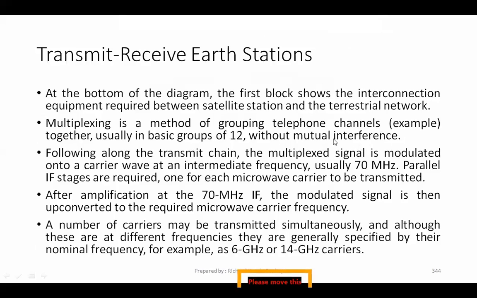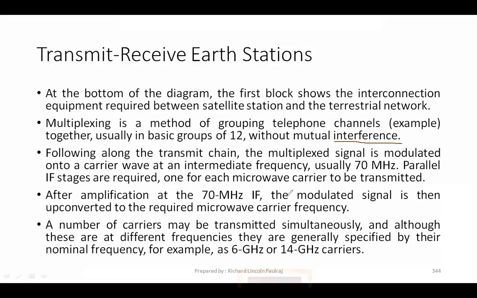Sometimes for tackling interference, we also use a guard band. Guard bands are also employed, and interference can be kept in check with the help of a guard band as well.